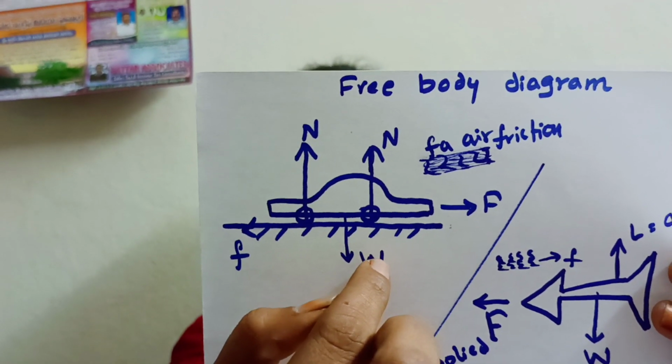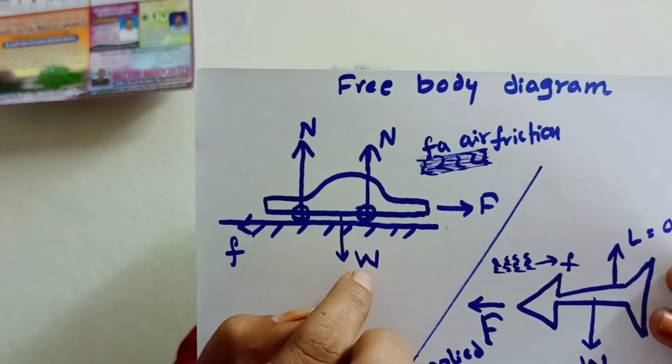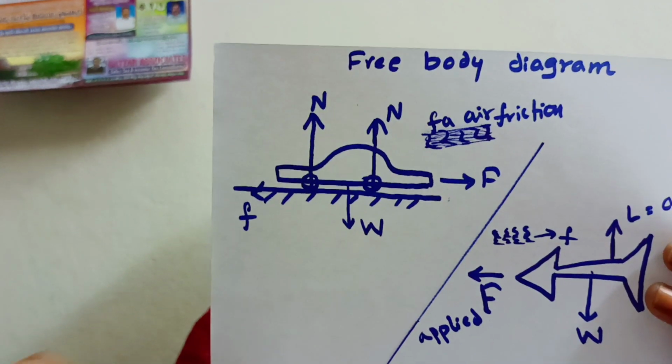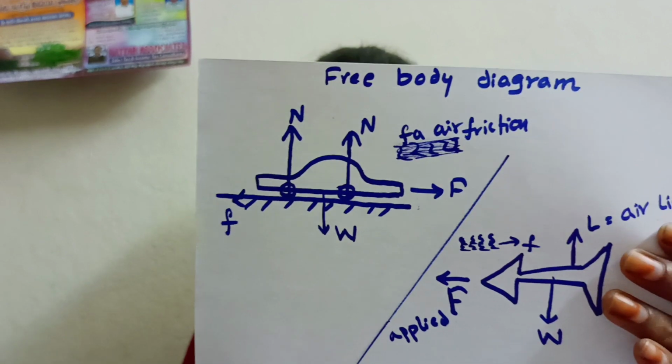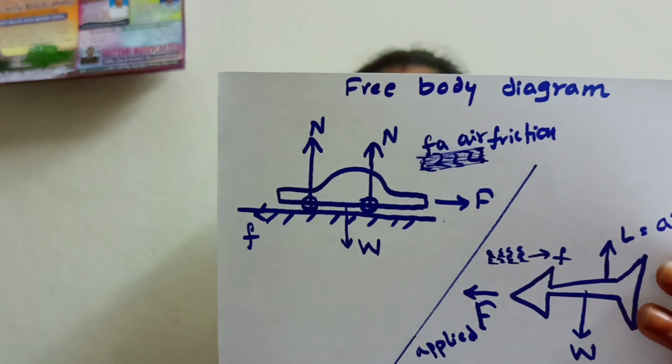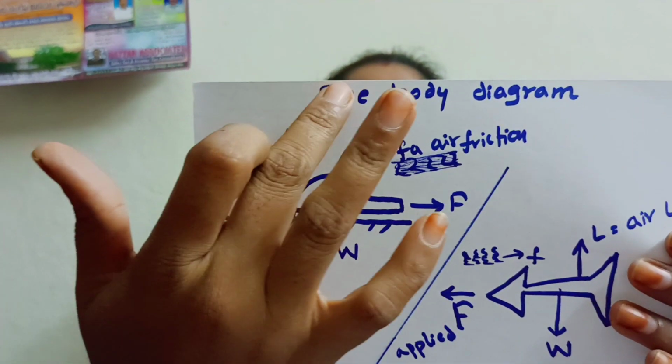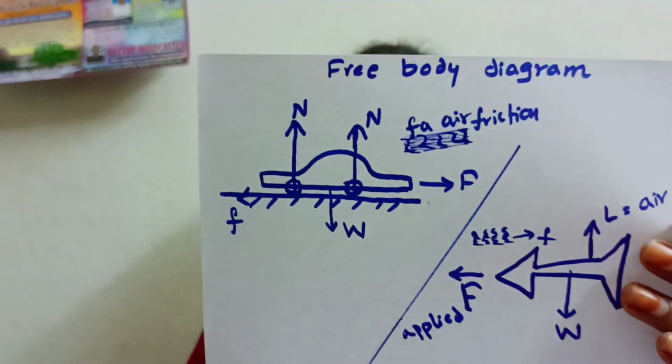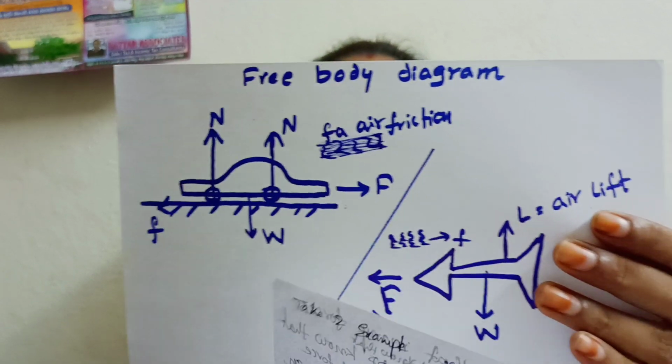We indicate it by W. So by visualizing, drawing and locating all forces in a diagram, we call it a free body diagram.